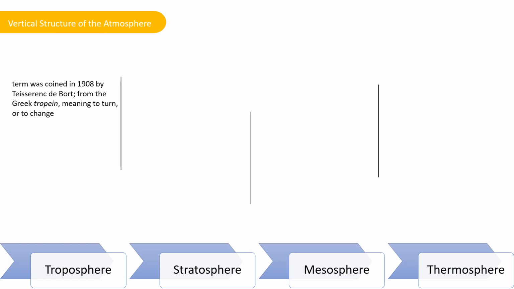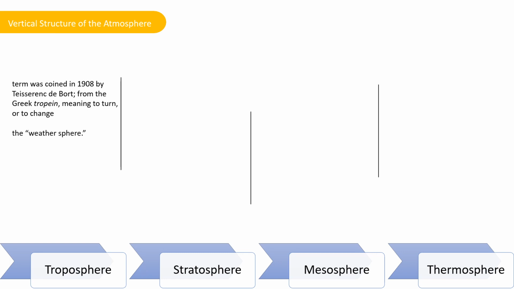So for the troposphere, this term was coined in 1908 by Teisserenc de Bort, and it is from the Greek word tropos, meaning to turn or to change. So this literally means the region where air turns over, and that refers to the appreciable vertical mixing of air in this lowermost zone.